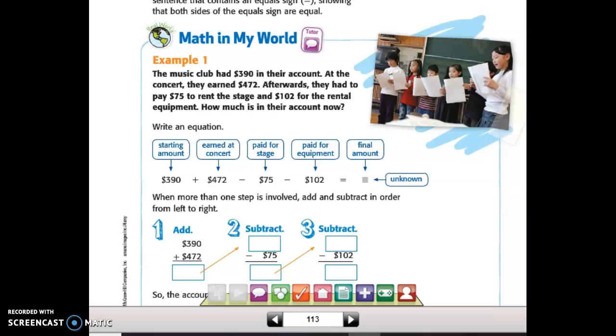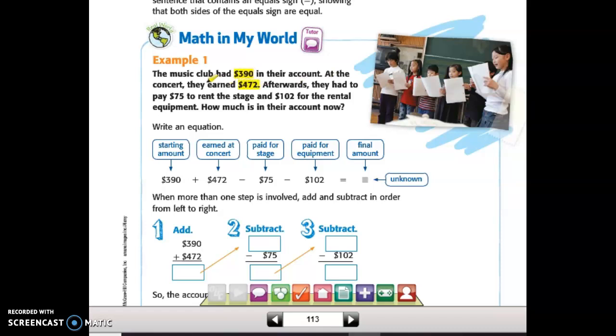So I'm going to highlight what we know, because it doesn't give us room to write it out this time. They had $390 in their account. They earned $472.